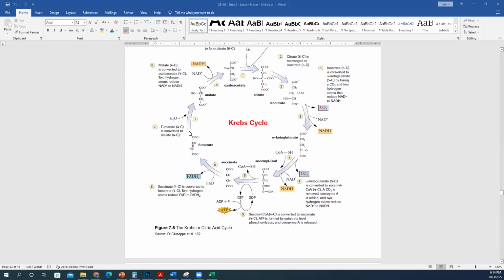In the next step, fumarate is converted to malate, and then malate is converted back into oxaloacetate, again through the loss of hydrogen atoms to reduce NAD+ to NADH.